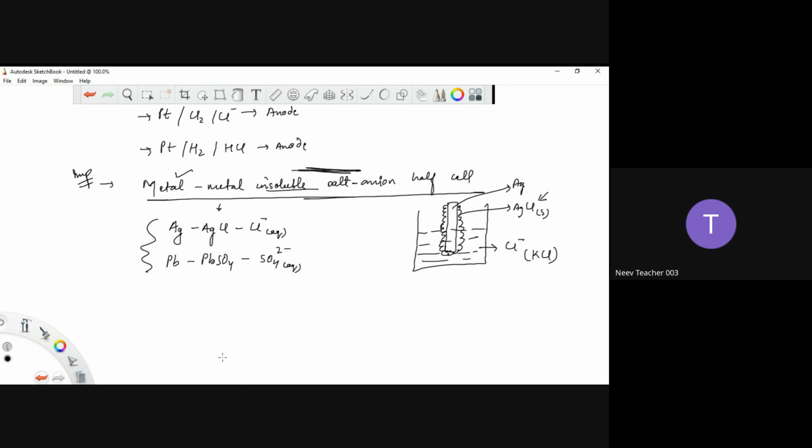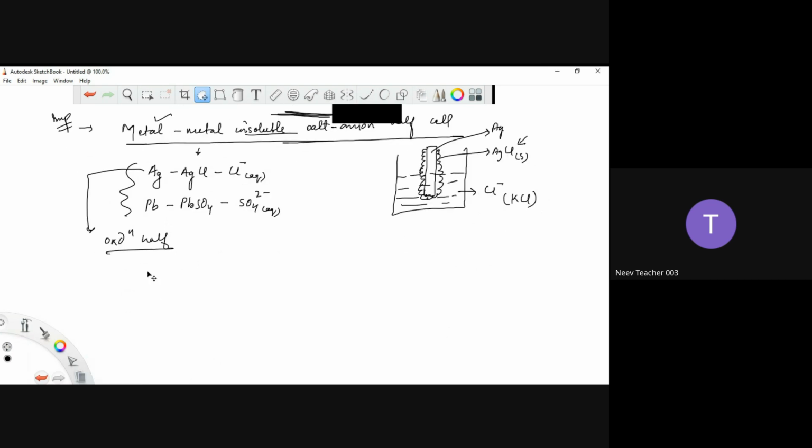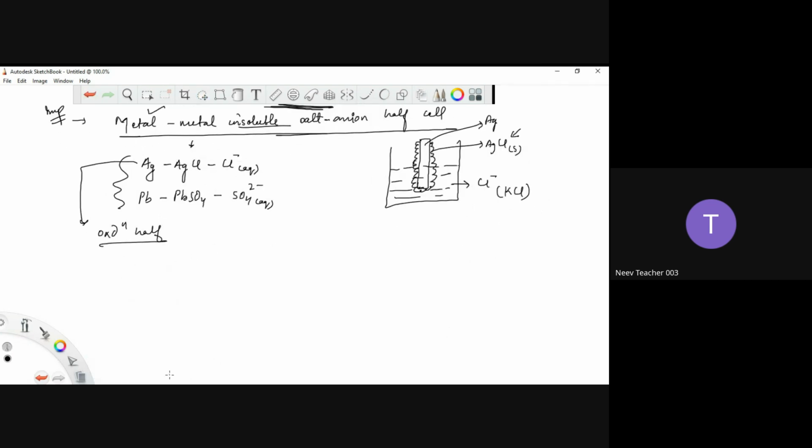Are you getting it? Now, if I take this as an example and say I have made this an oxidation half, then how would I write its reaction? If it works as an anodic half cell, then your metal Ag solid... It's better to take the reduction half first, then it's going to be easier to give you the representation of it.